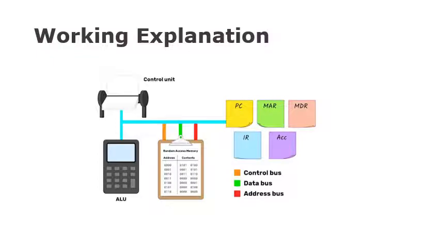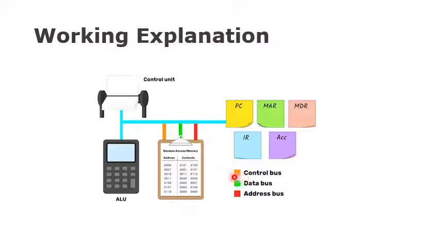Now let us look at how the CPU can perform calculations using a process known as the fetch, decode, execute cycle. Here we have a representation of CPU and RAM. The registers are also shown where data can be temporarily stored. Assume this calculator as ALU, and this test pad as your random access memory, right?